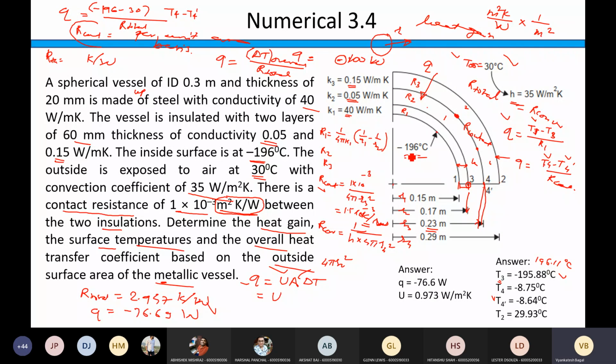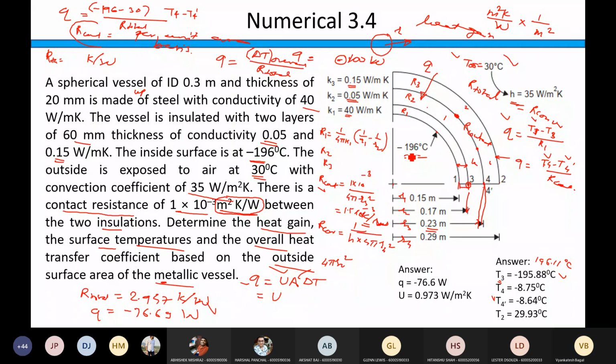So is it correct? T4 dash, minus 8.64 degrees C. Is the value of T4 dash correct? Yes, sir.